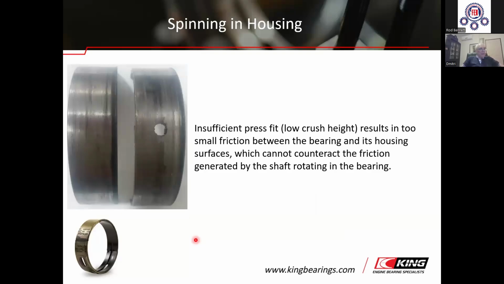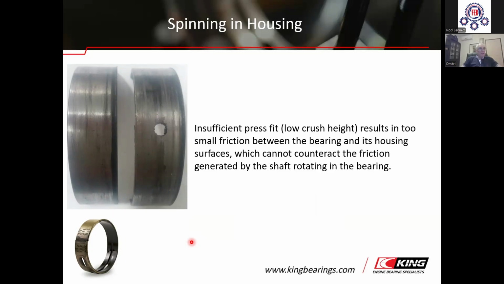This slide depicts a spun bearing. Friction between the shaft and the inner bearing surface produces friction force trying to spin the bearing in the housing.